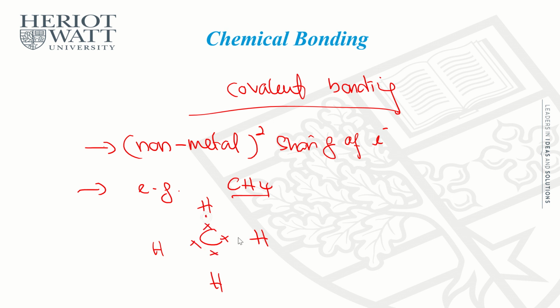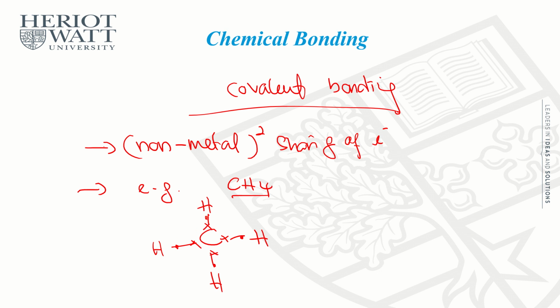Only 1. Therefore, each hydrogen will donate an electron to share with carbon, and carbon will put out 4 electrons to share with 4 hydrogens. This shared pair of electrons, we call a bonding pair or a covalent bond pair.